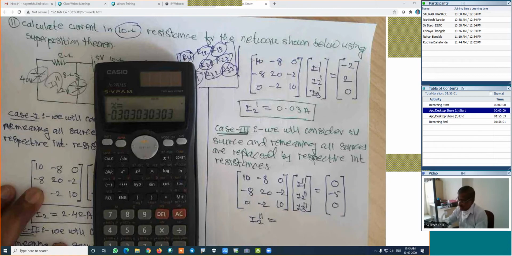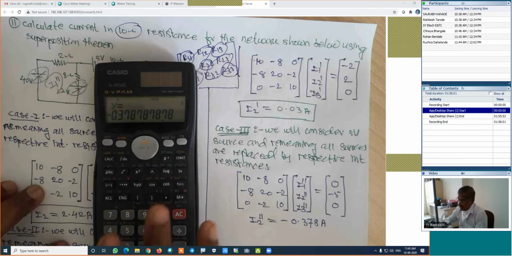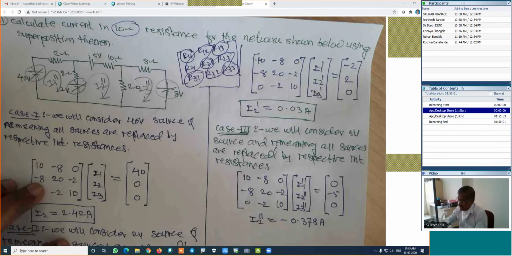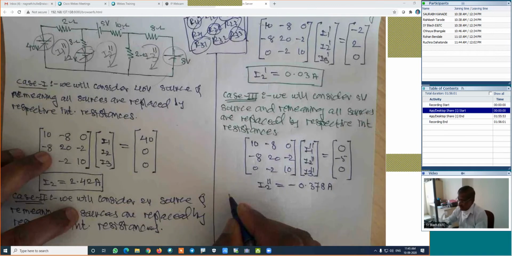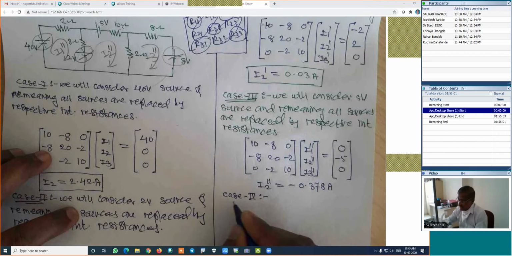Here this is the I1 value and this is I2, and I2 double dash will be -0.378 amperes. Is it right? This is the value of I2 double dash. I will finally consider case 4. Is it right?